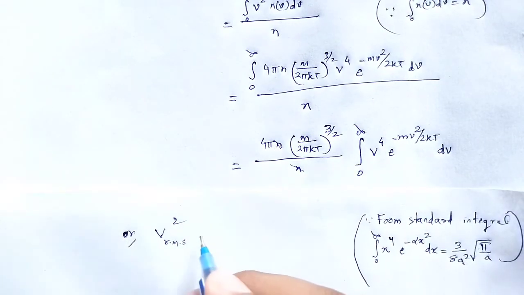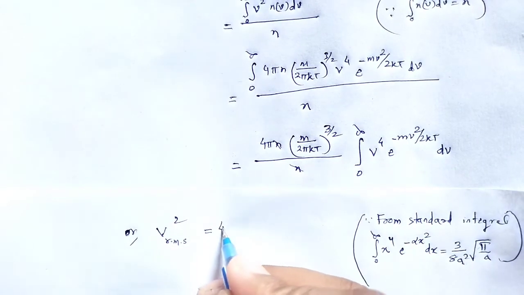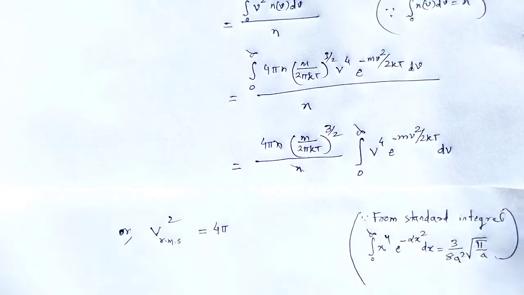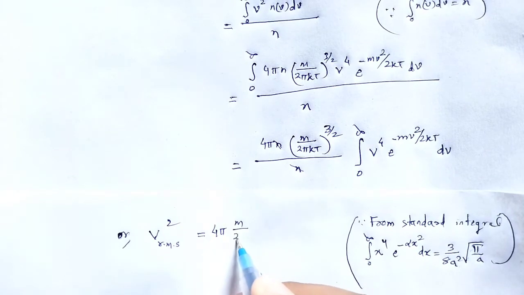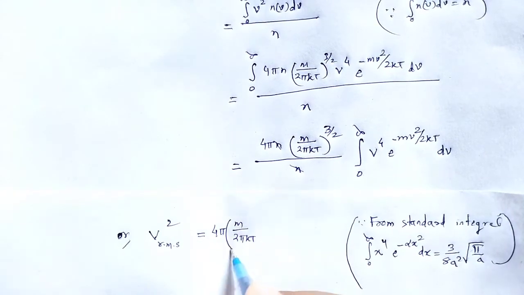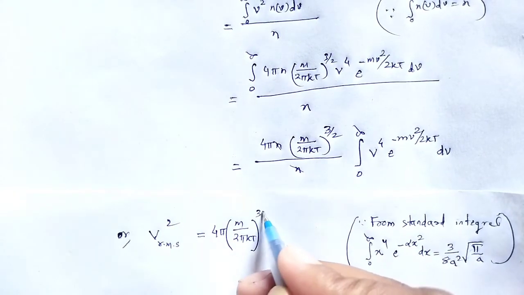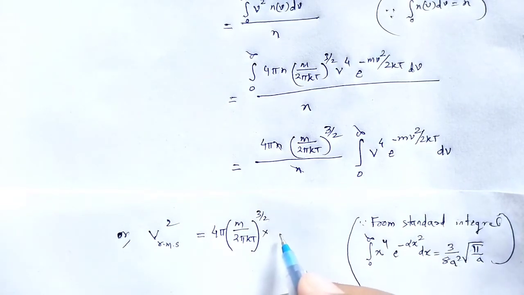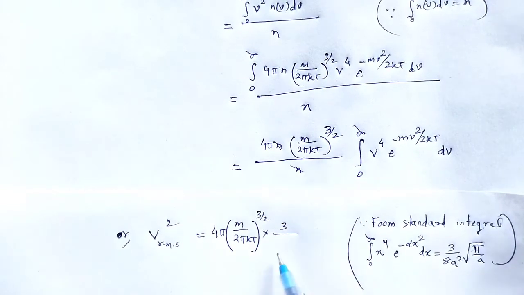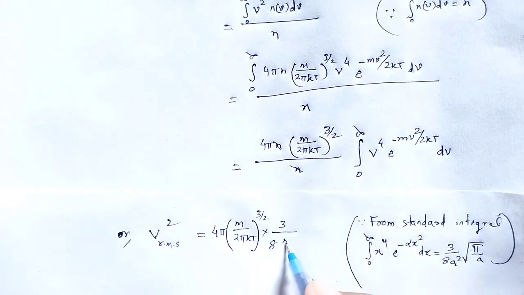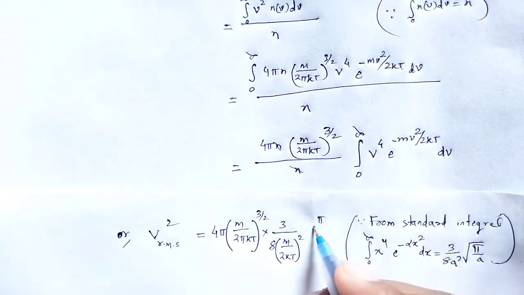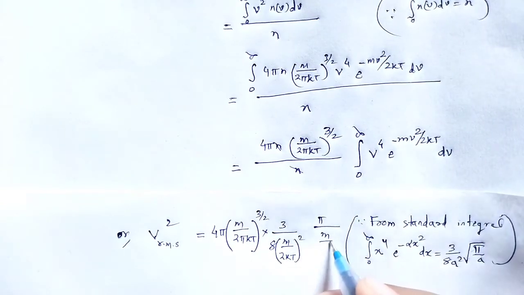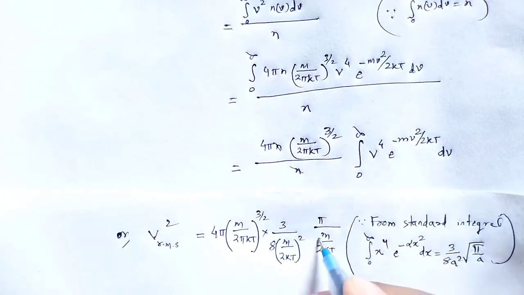v RMS square is equal to 4 pi (m by 2 pi kT) to the power 3 by 2 into 3 divided by 8 into (m by 2 kT) square, times under root of pi divided by m by 2 kT.